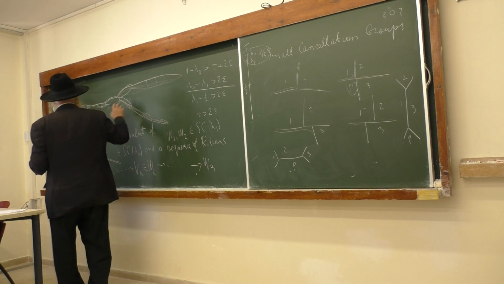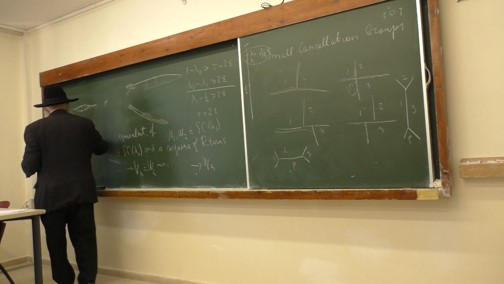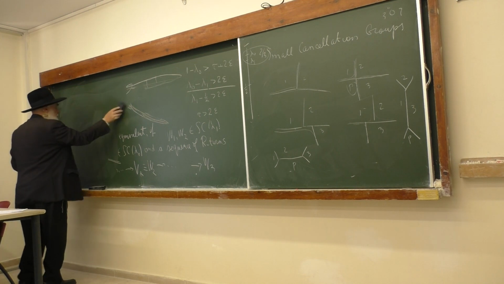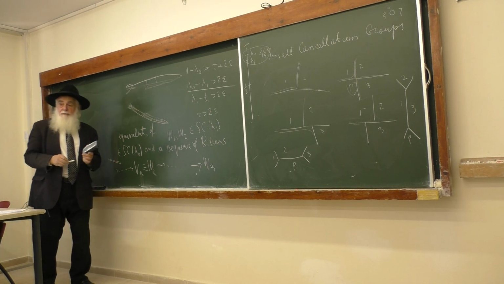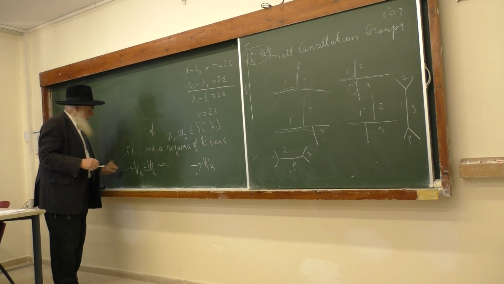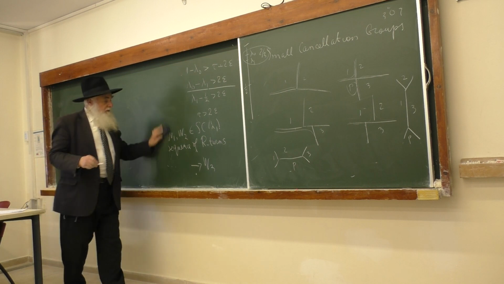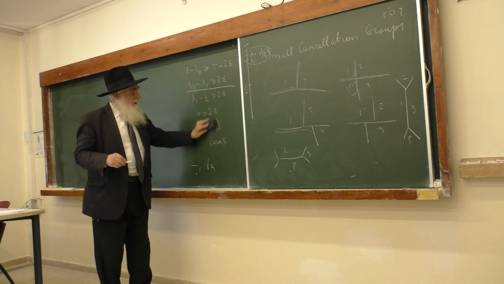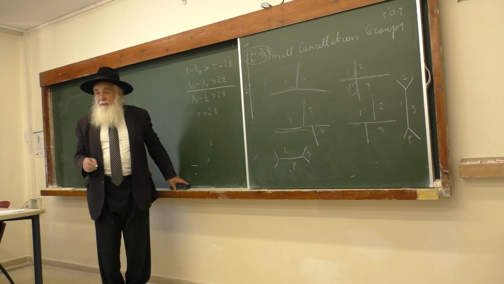Given this, we can now have all the kinds of configurations, which will be a little more complicated, but basically it will be the same. How do we compose two thin triangles?